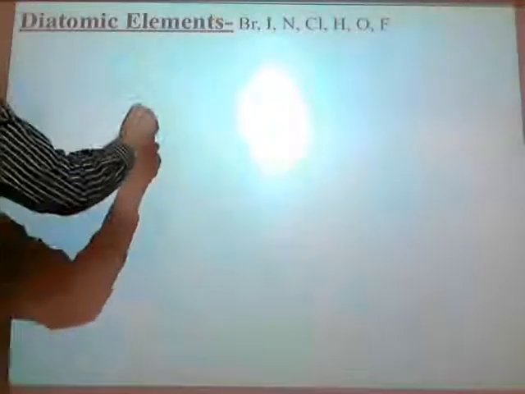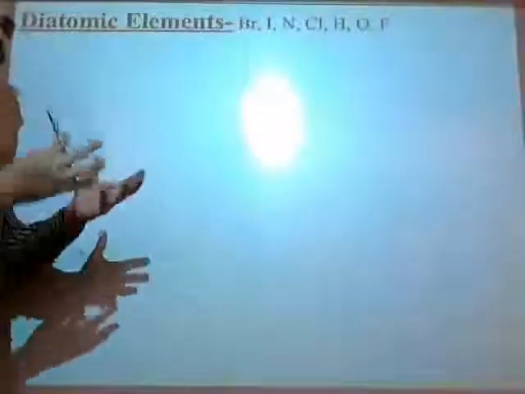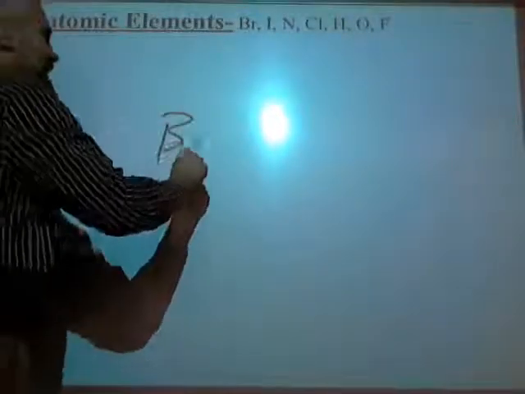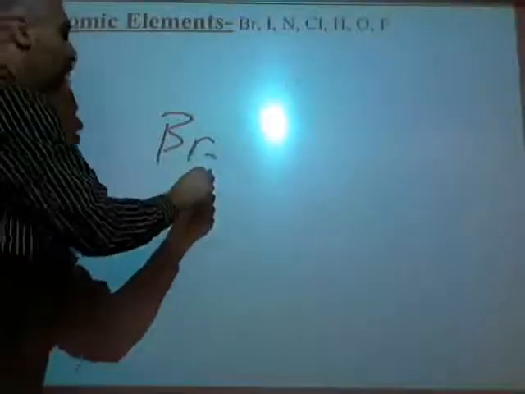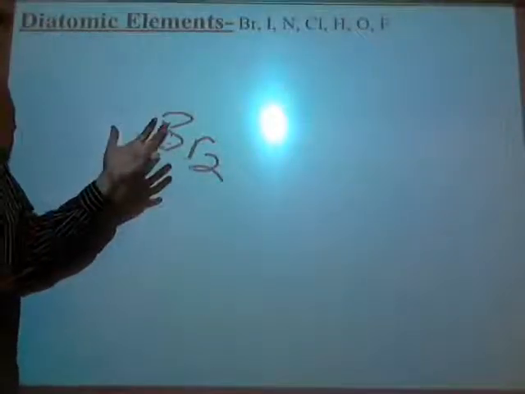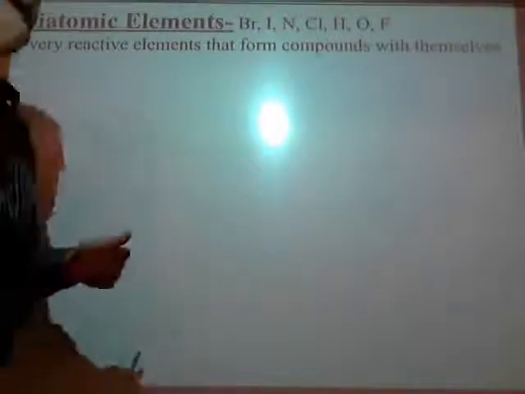So what I'm saying is, when you have a jar of Br, it would be Br2. There's going to be 2 of them bound together. And iodine too. They are so reactive. They're so desperate for electrons. If there's nobody else around to get one from, they will have to share with themselves. They'll have to make do.